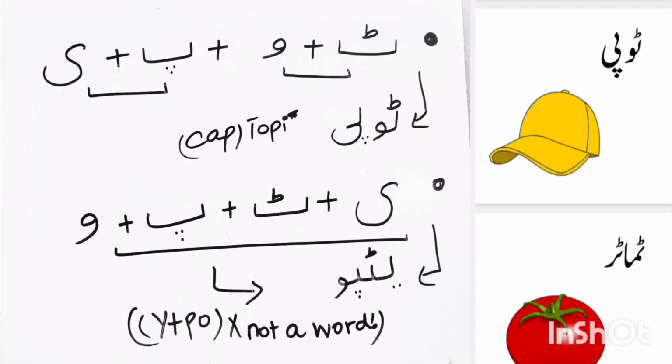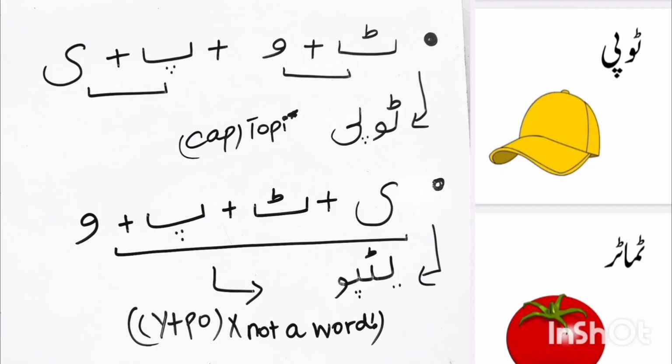Now the letter for today is te. How will we write it? With te we use topi. We call the word topi: te, wow, te, pe, choti ye, topi. Topi is known for cap. Another word we have is yatpu.